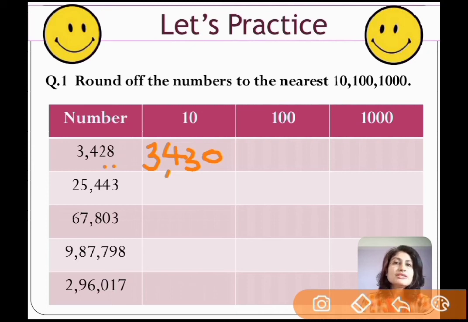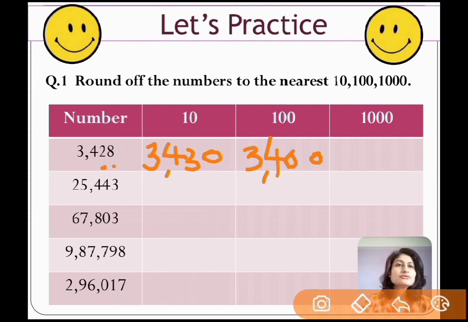Now round off to the nearest 100. Now you have to consider the tens position. So 2 is there in the tens position. 2 is less than 5. So we replace tens and ones positions with 0 and the rest of the digits are as it is. So our answer is 3400.